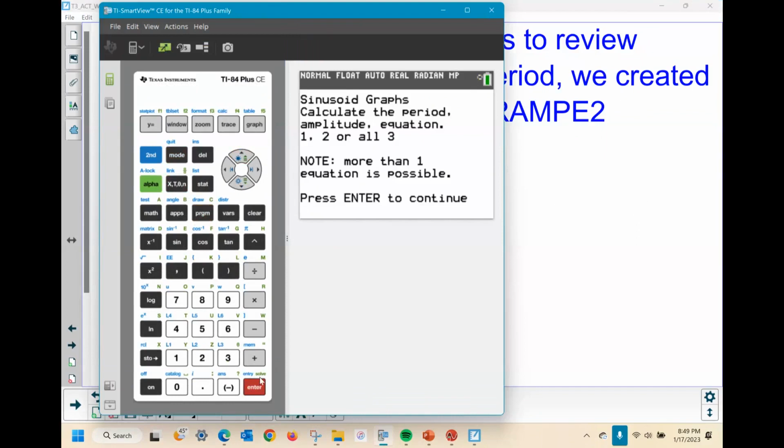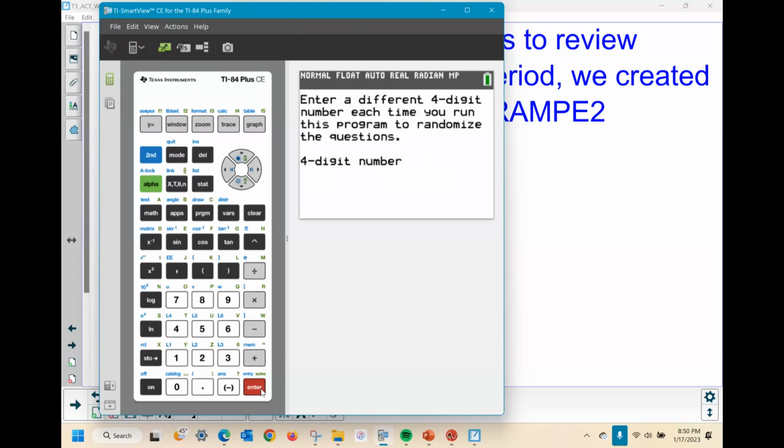And I'll run it, and it says sinusoid graphs, calculate the period, amplitude, and equation, 1, 2, or all 3. On equation, note that there's more than one equation possible because you could have sine or cosine, different phase shifts, and so on, positive and negative coefficients, but that's for another day. So that these are randomized, you need to type in a 4-digit number to seed it.